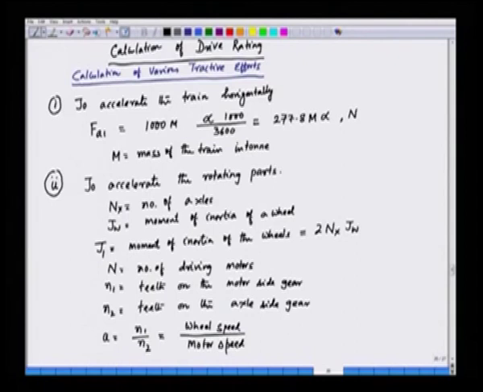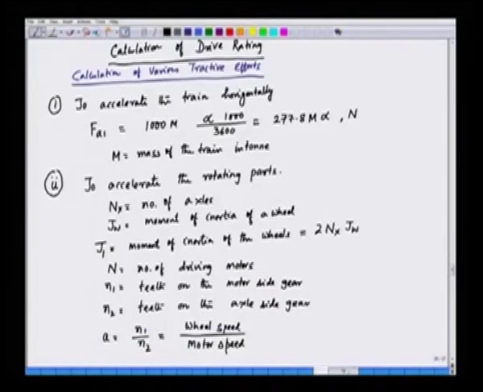So when we refer this total moment of inertia to the wheel side, because the motor is not on the wheel, motor is actually connected to the axle and it is having its own speed. So this inertia has to be referred to the wheel side. Now since we have a gear ratio that is equal to A, the wheel side equivalent moment of inertia of the motors is N into Jm. Jm is the inertia of each motor divided by A square. So we can calculate that.